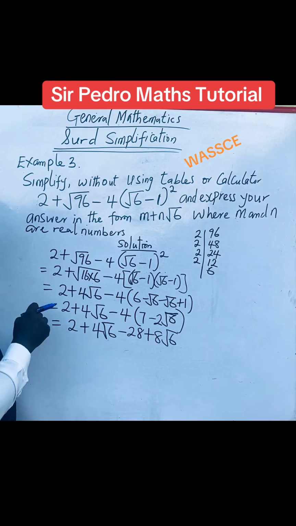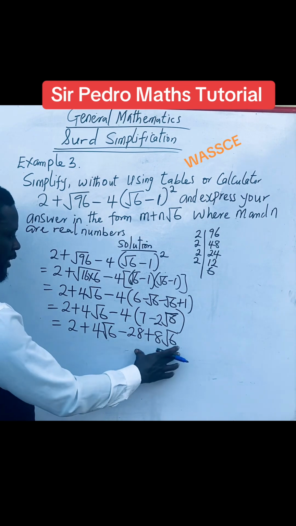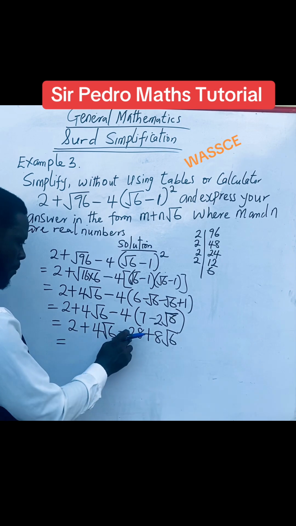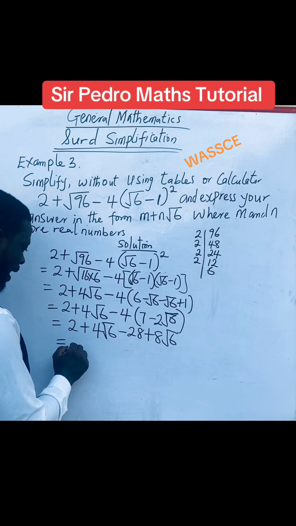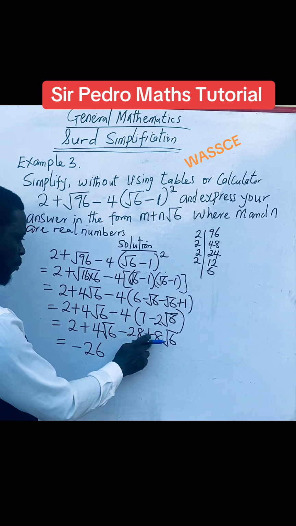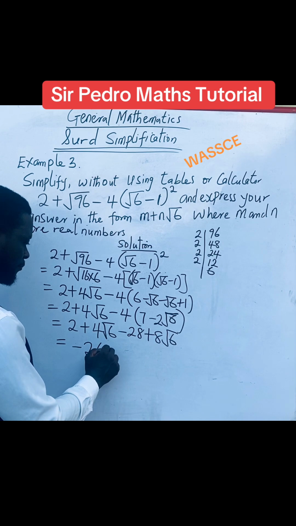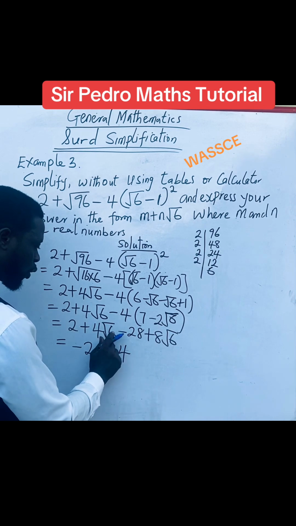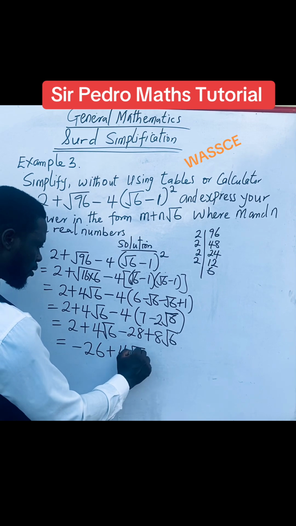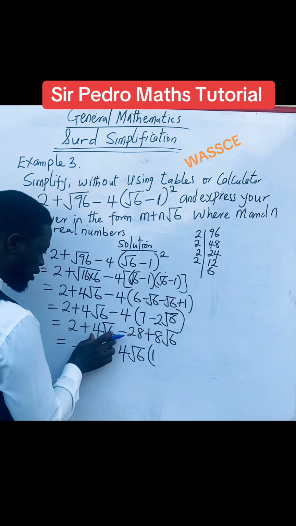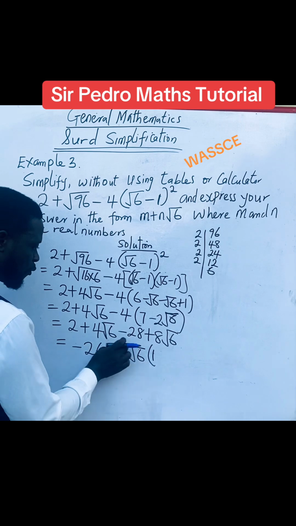All right. So at this junction, separate the √6 and the numbers. So we have 2 minus 28, we have minus 26. So here now, what is common? We have plus 4, and √6 is also common. So when you take away 4√6 from here, you are left with what? 1. √6, when it's out of this place, you have 1 left.